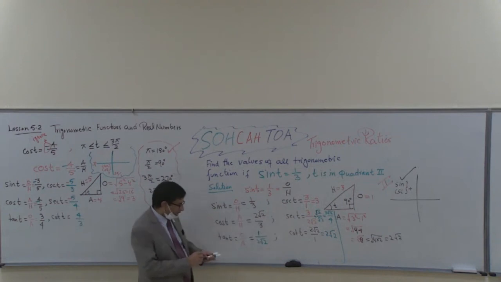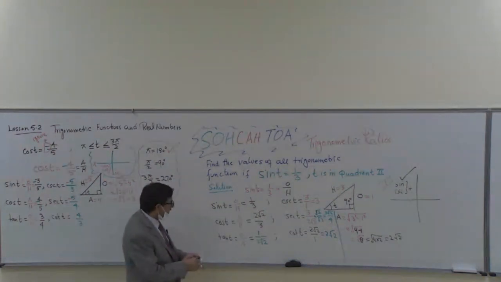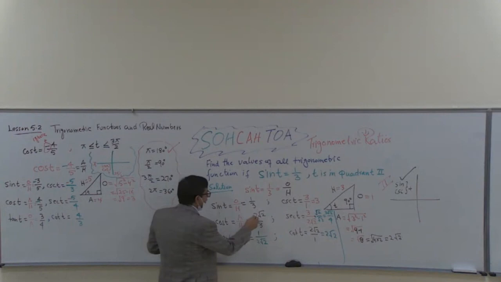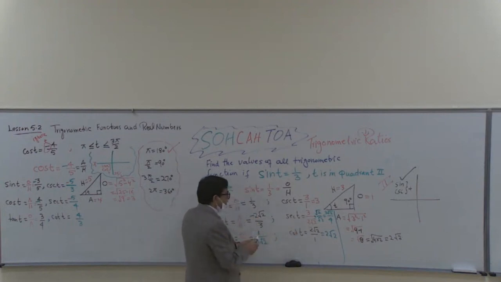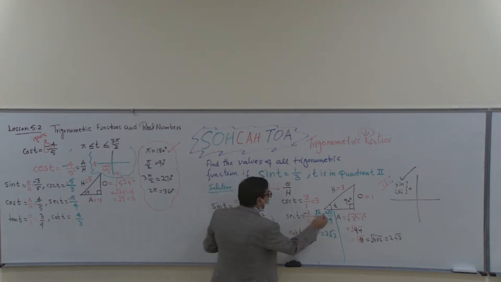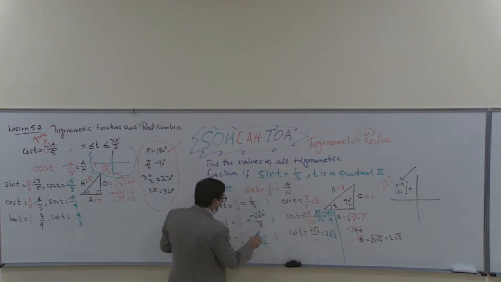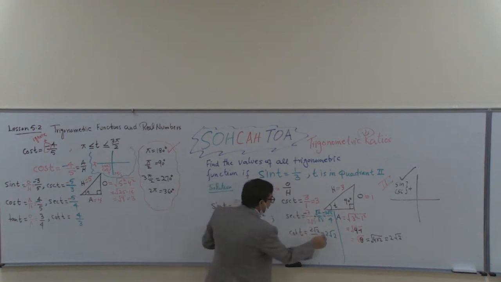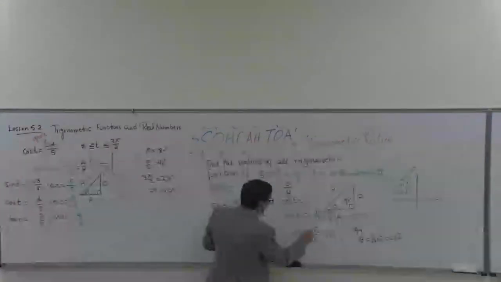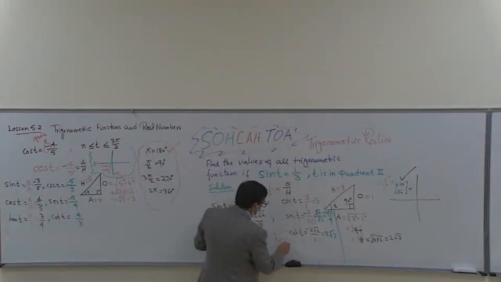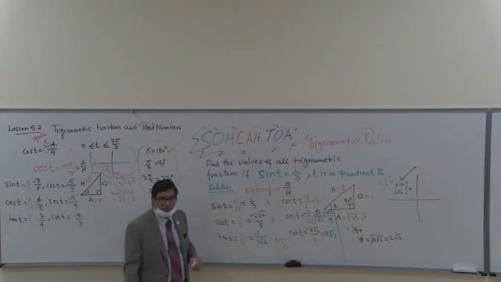The rest of all functions are negative, so please change their sign. This will be minus, and this will be minus. This is minus. This is minus. That's all. Any question?